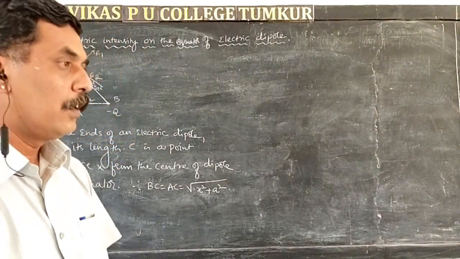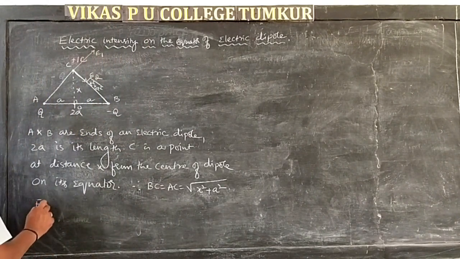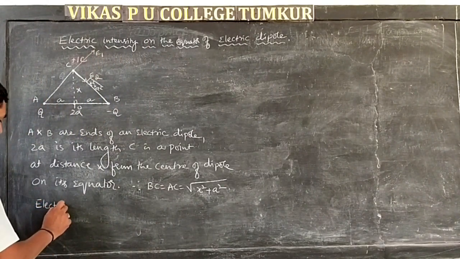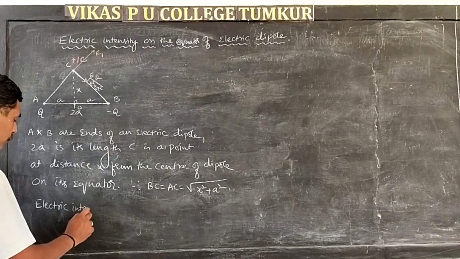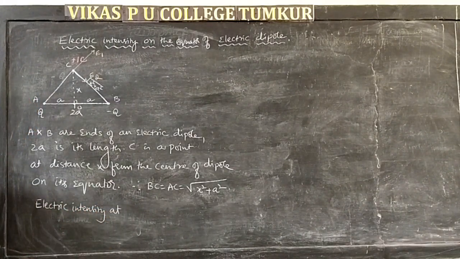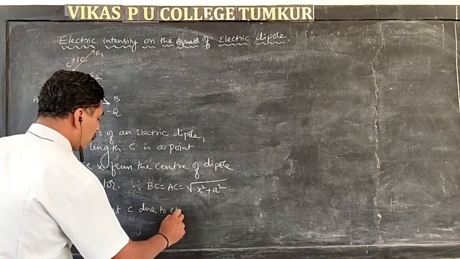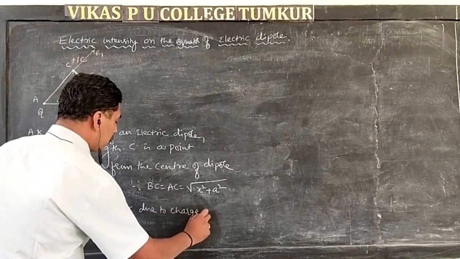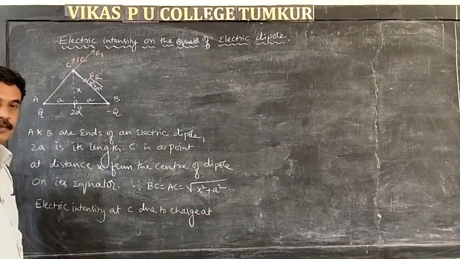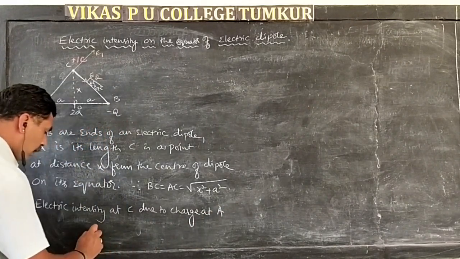Now I will write here electric intensity at C due to charge at A. Let us write E1.